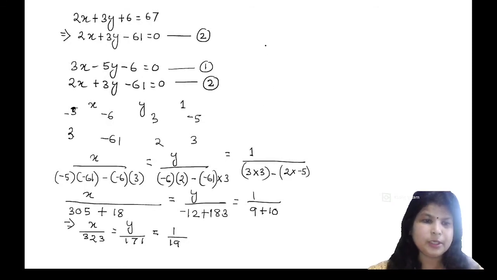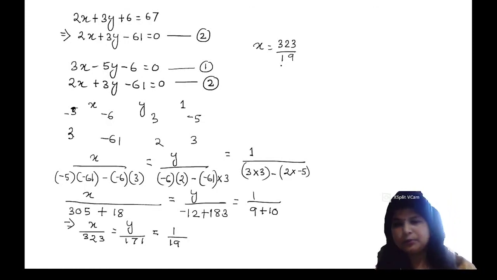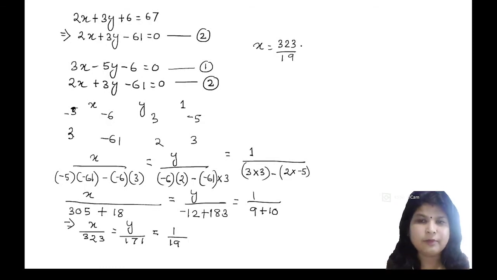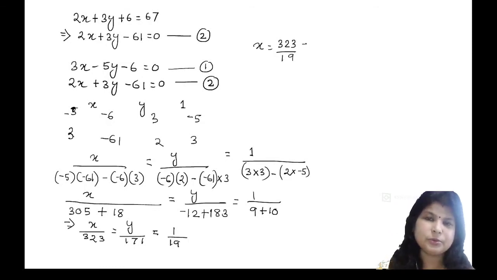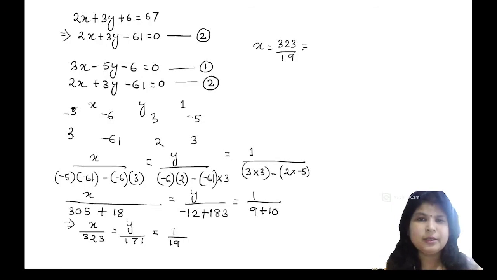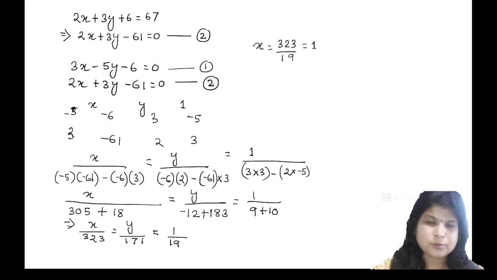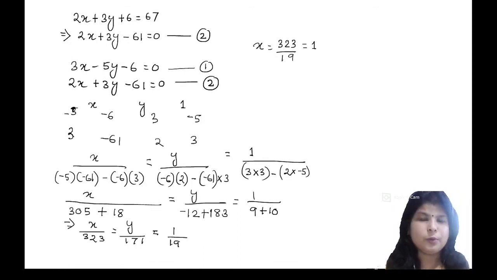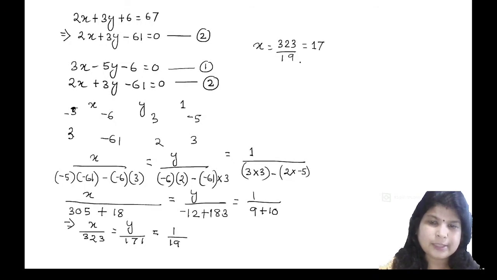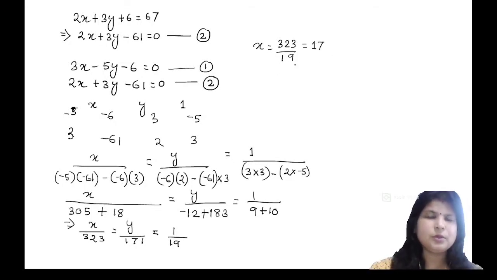So solving it, you will get x is equal to 323 divided by 19. So what is the answer you are getting? Just check it. 19 into 17, that is 323. So x is equal to 17. So what about your y?